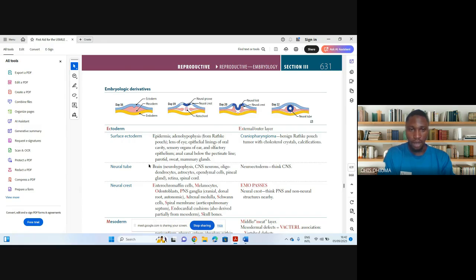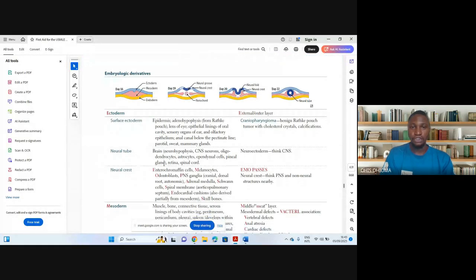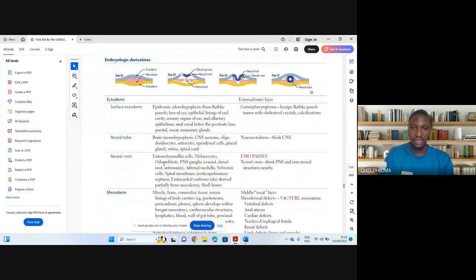The surface ectoderm gives rise to the skin and the hair follicles. The neuroectoderm gives rise to the PNS, the peripheral nerves, and all that. The neural tube is what gives rise to the CNS, anything that has to do with the CNS.